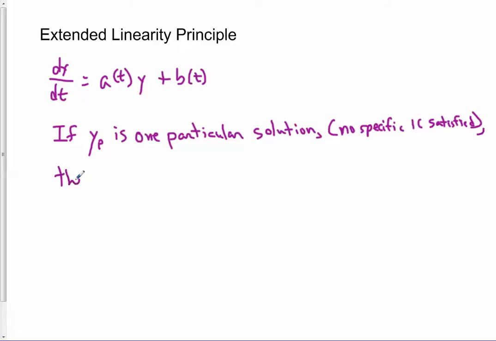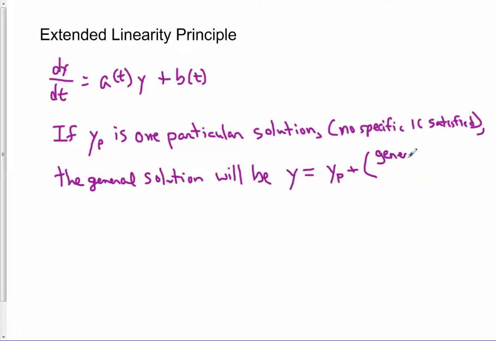The general solution will be y equals, and what you do is you take the one solution that you found, okay, and then you add the general solution to the corresponding homogeneous differential equation.